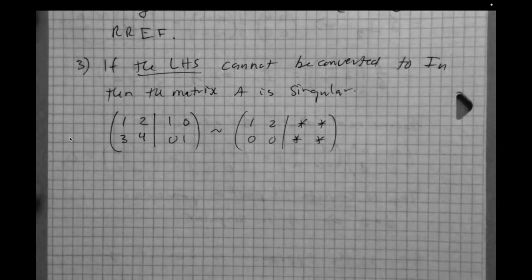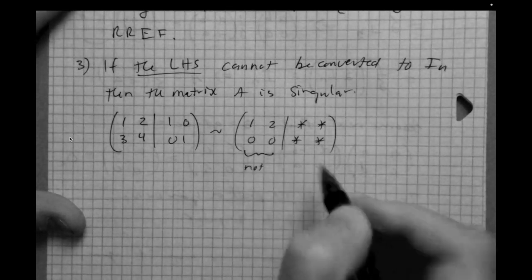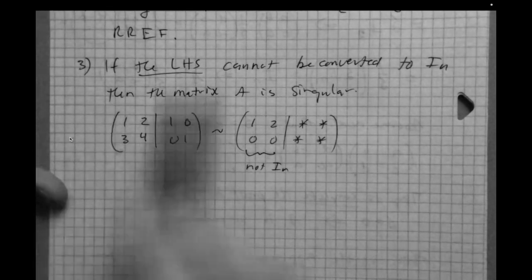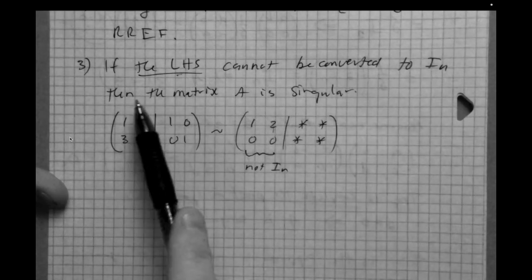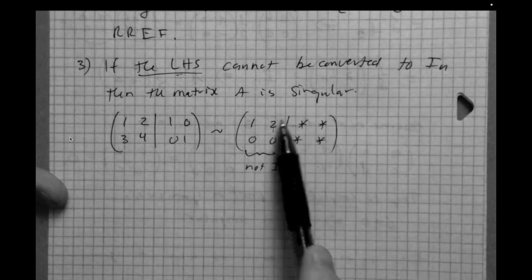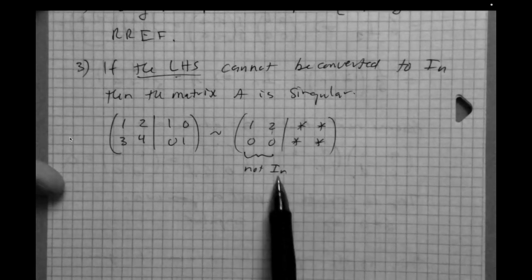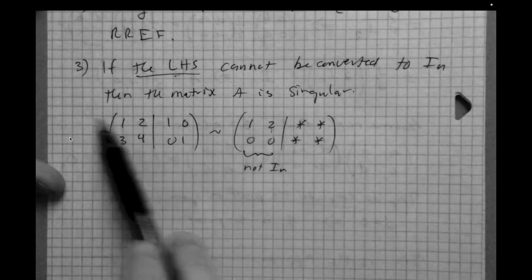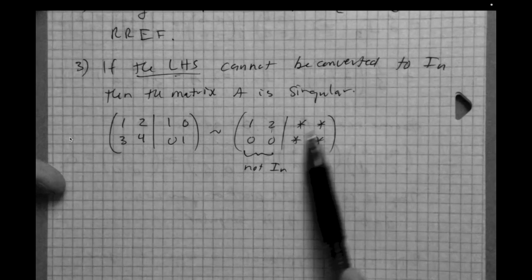We don't know. So in this case, this is not the identity, right? That's what this item 3 is saying. If the left-hand side, this side here, cannot be converted to the identity, then the matrix is singular. Another way to say that is if A has rank less than n. So here the rank would be less than n, the rank is only 1. And so in that case, the matrix A is singular, and this is just gobbledygook over here.